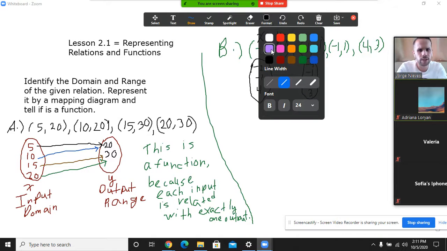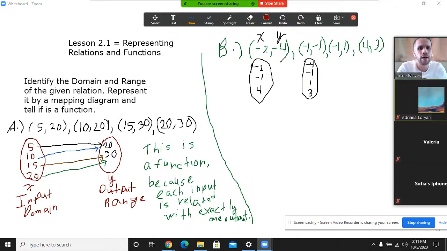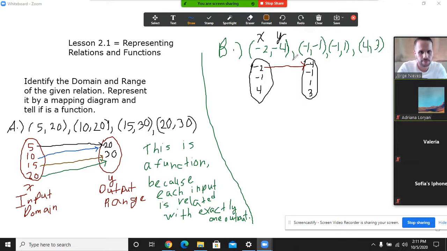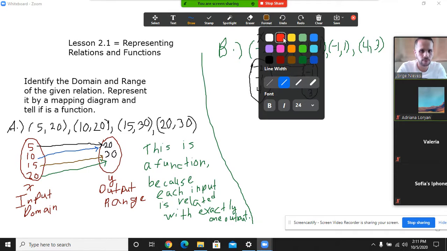Okay, so let's see the relation very quick. We got -2 is paired or related to -4. What is the next relation that we can see? What is the third relation that we have now?